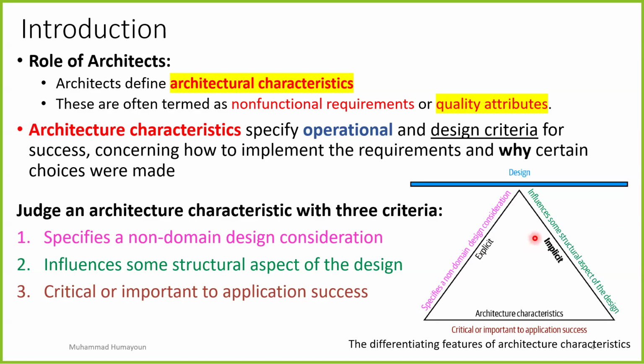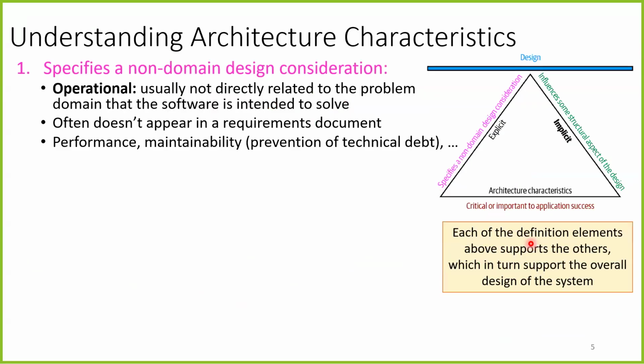And finally, you have to have architectural characteristics or quality attributes, and these will be critical to the success of your software design. Your design is standing on these three things. If you make one of them weak, then your design will start to get weakened. So let's go through them one by one.